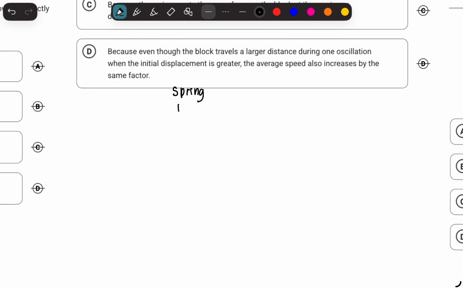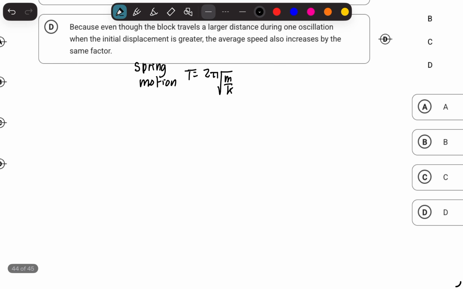T is equal to 2 pi times the root of m over k. And what we can see here is that there is no amplitude inside of this equation. Therefore, T doesn't depend on amplitude.